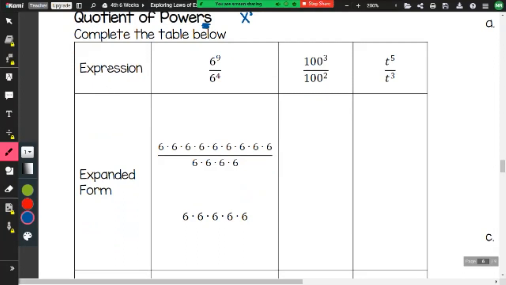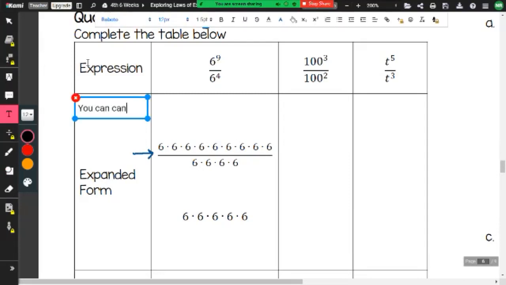Now, rules of cancellation, whenever you are using fractions, and this created a fraction: you can cancel the same base as long as you have one on top and the bottom. You can cancel bases as long as you have the same base on top and bottom, not just the top.